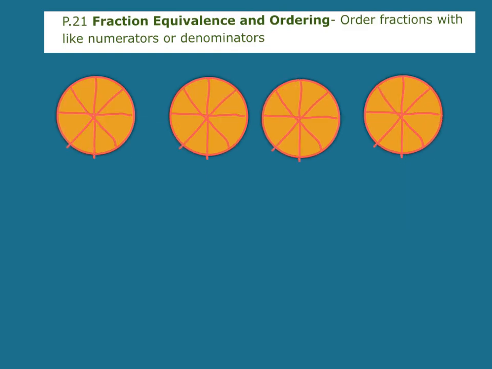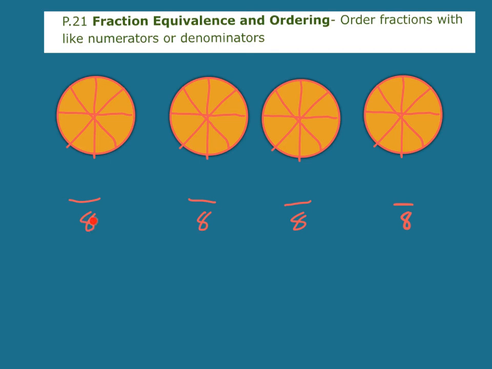So now I've got 4 pizzas again, and I've divided them all into eighths. So every one of these pizzas is divided into eighths. And this one might be a little bit easier. So now I've got common denominators. All the bottom numbers are the same. All right?